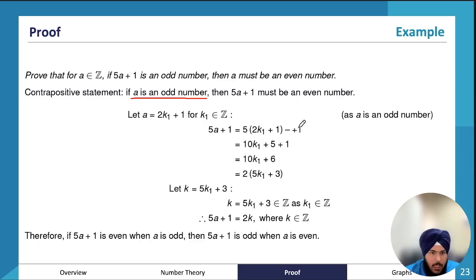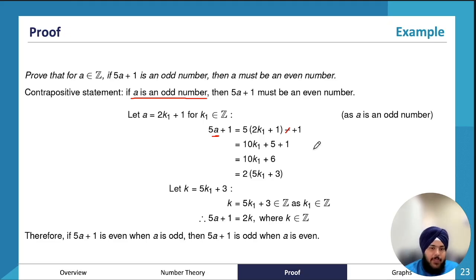Sorry, I think that's a typo, it should just be plus 1 here. Ignore that. So we've just substituted what A is: 2k1 plus 1, and we're letting k1 be an integer. 5A plus 1 is 10k1 plus 5 plus 1, which is equal to 10k1 plus 6, which is 2 times (5k1 plus 3).